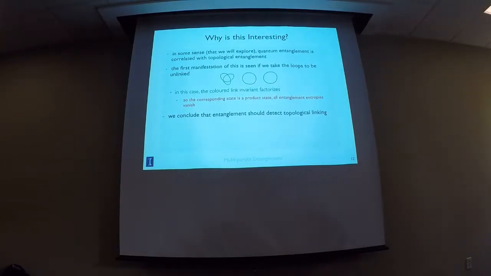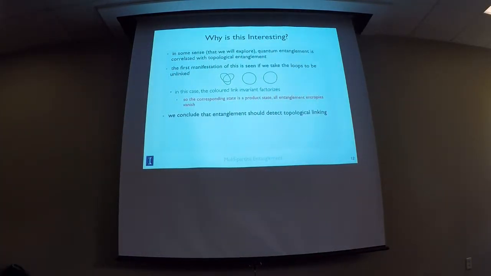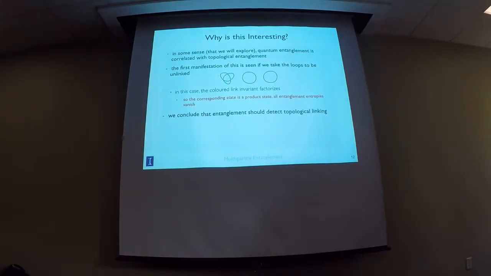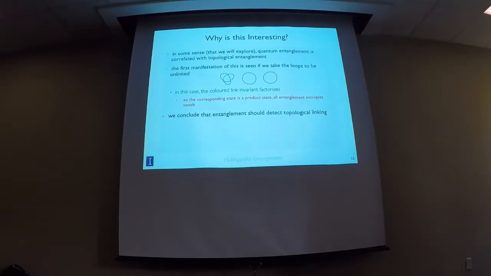So, I'm a little confused about something. Normally in AdS/CFT, if we start with the boundary and define these entanglement measures in the boundary, we wouldn't assume ahead of time we know what the 3D ambient space is. It would just be whatever the dominant saddle point is; we sum over different saddle points. In this case, it seems like you're assuming ahead of time that you know what the... I'm not doing AdS/CFT, I'm doing field theory. And I'm telling you what my field theory is. It's a Chern-Simons theory.